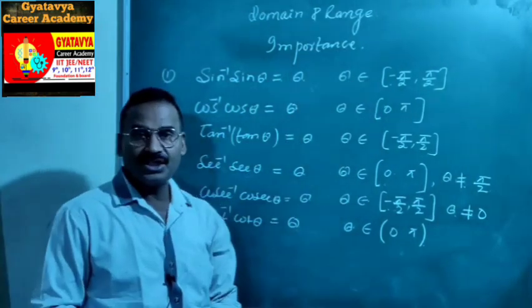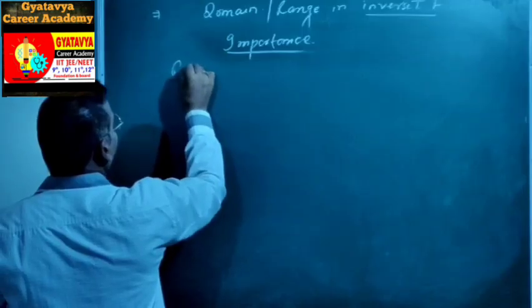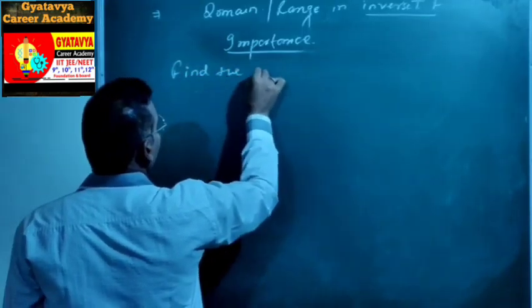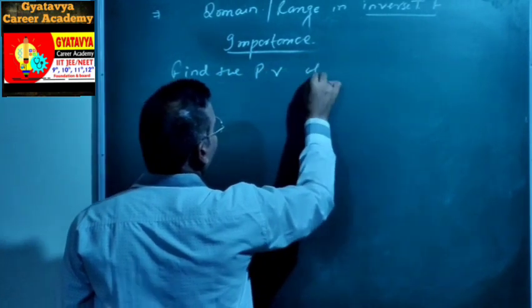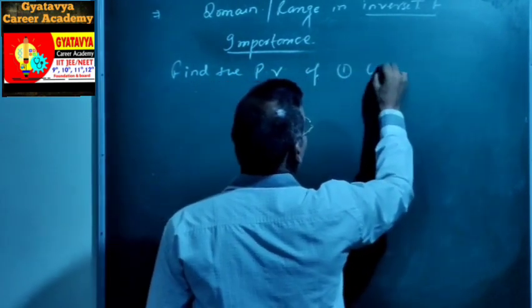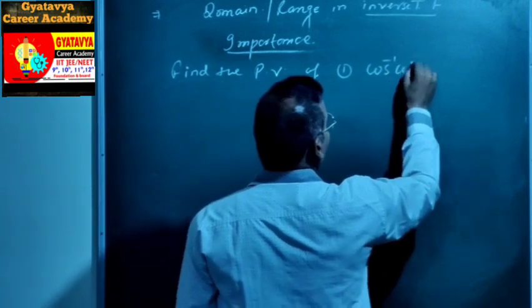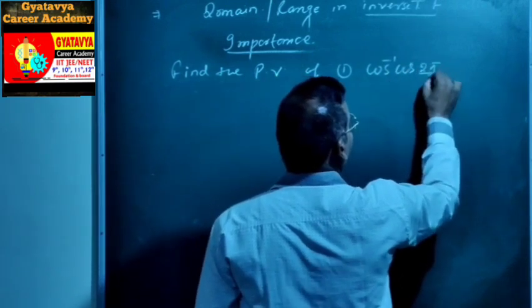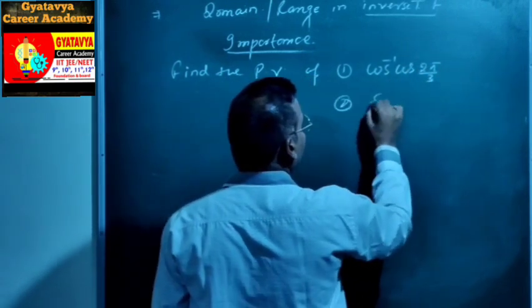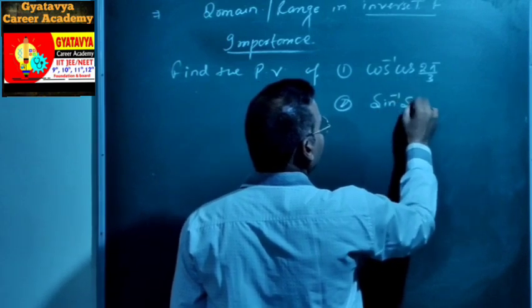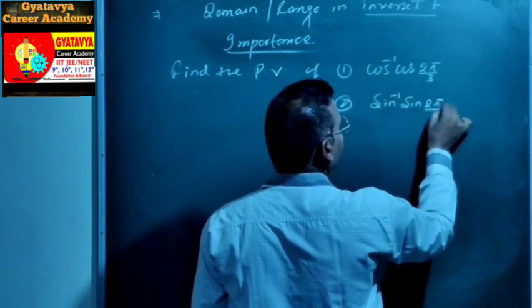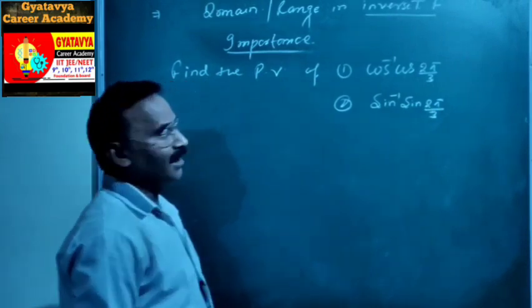Okay, find the principal value: first question is cos inverse cos 2 pi by 3, and second question is sin inverse sin 2 pi by 3.